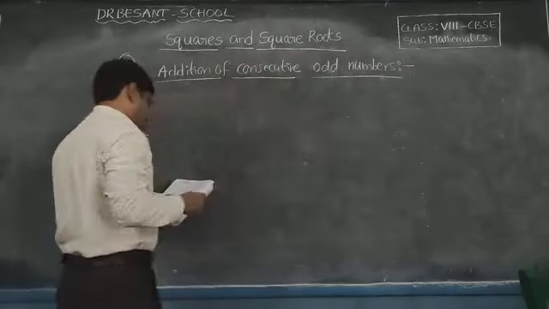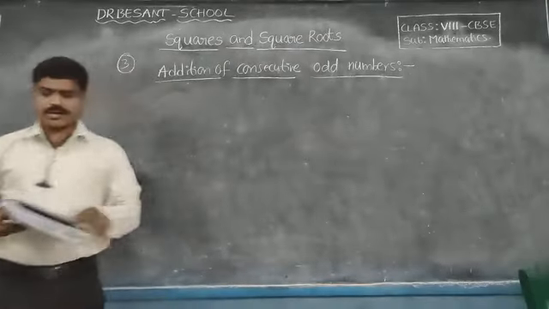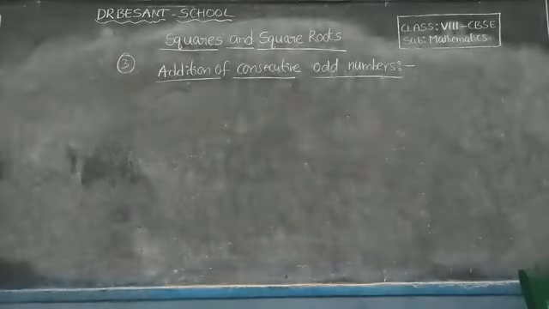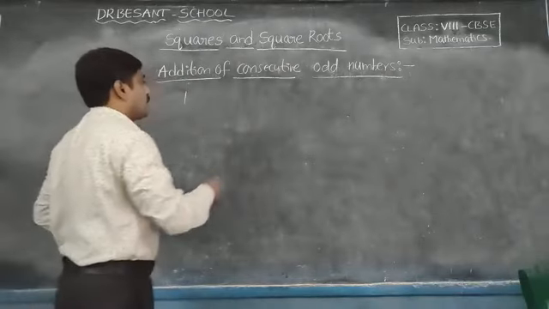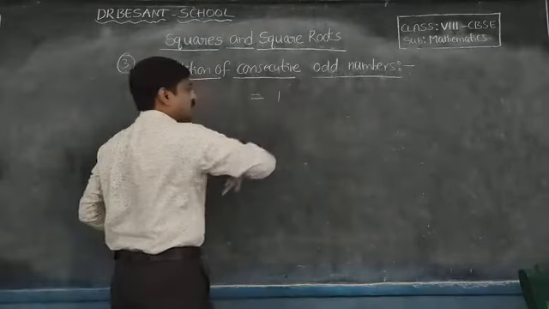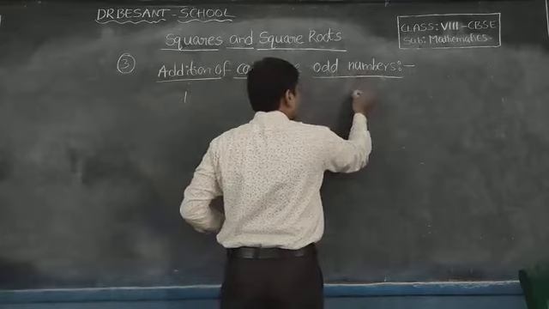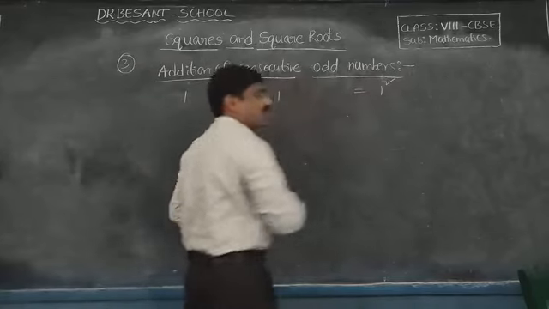Okay, so observe the following pattern now. So the first odd number 1, that is equal to the sum also 1, so that is equal to 1 square.